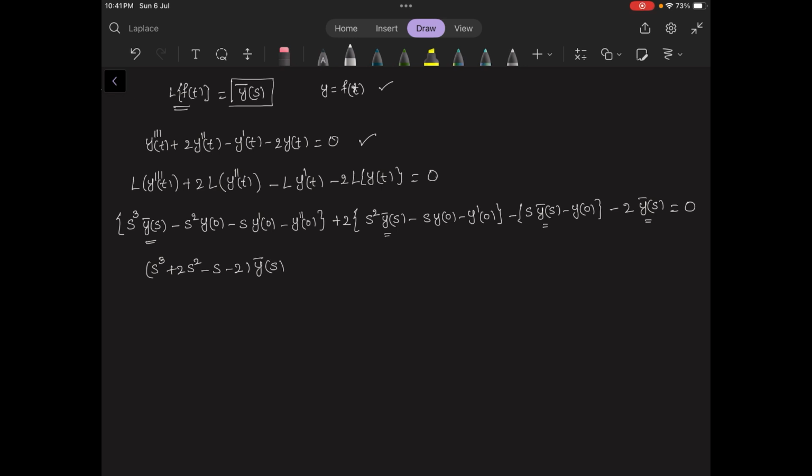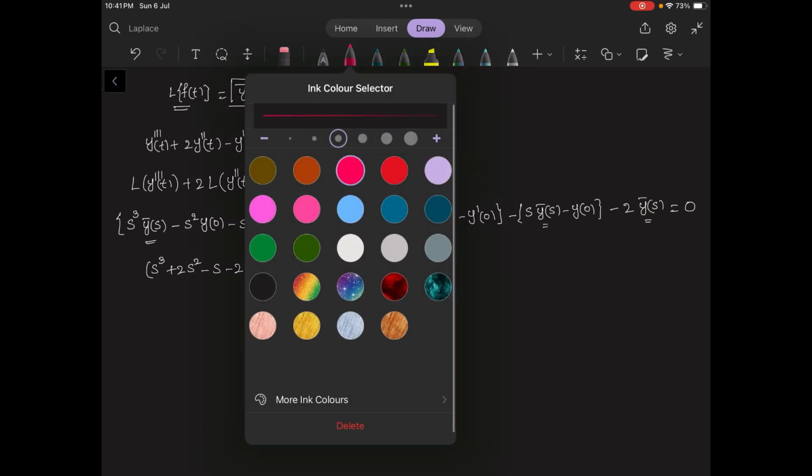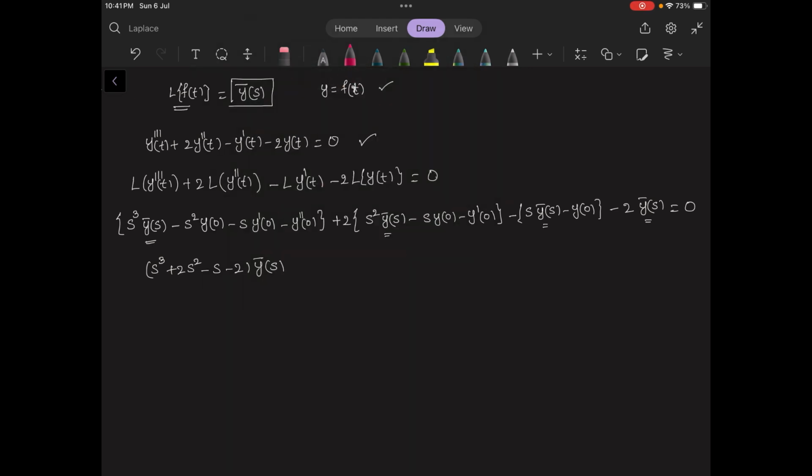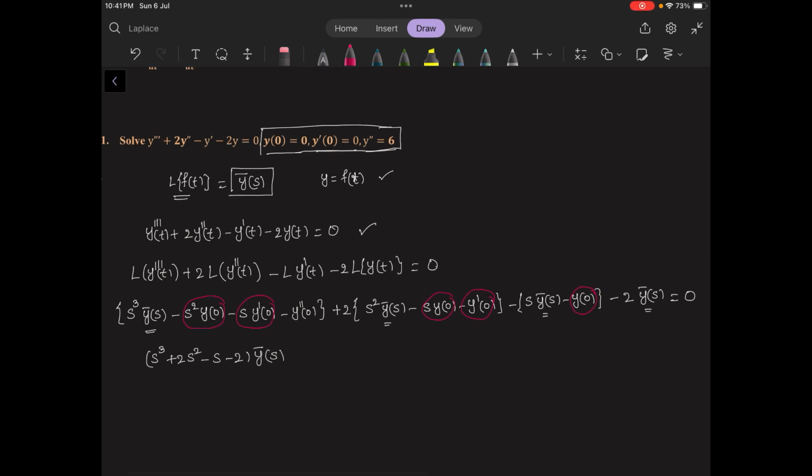Next, in all the remaining terms, if you observe, this term becomes 0, this term becomes 0, this term becomes 0, this term becomes 0, this term becomes 0. Why? Because they have given the condition that y of 0 is equal to 0 and y dash of 0 is equal to 0.